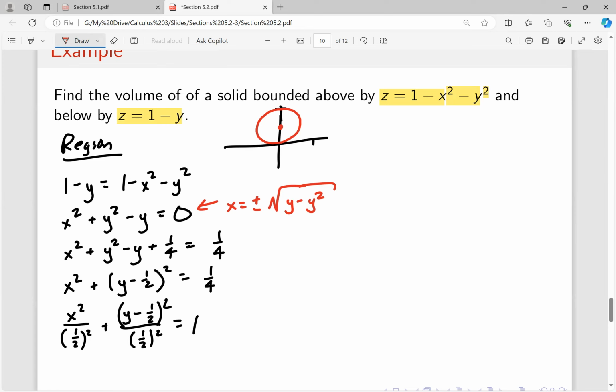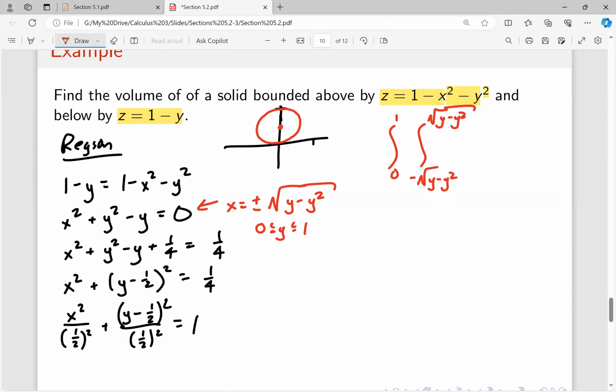And then the y's, if you notice my drawing of a circle, y goes from 0 to 1. So 0 is less than or equal to y is less than or equal to 1. So that means my integral is from 0 to 1. My numbers are always on the outside. And then the negative square root of y minus y squared to the positive square root of y minus y squared.